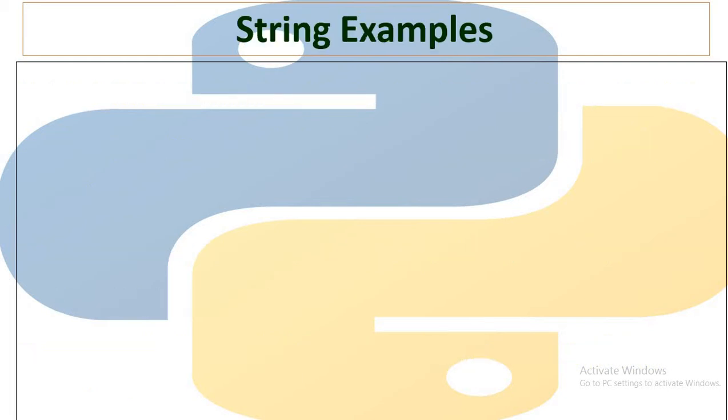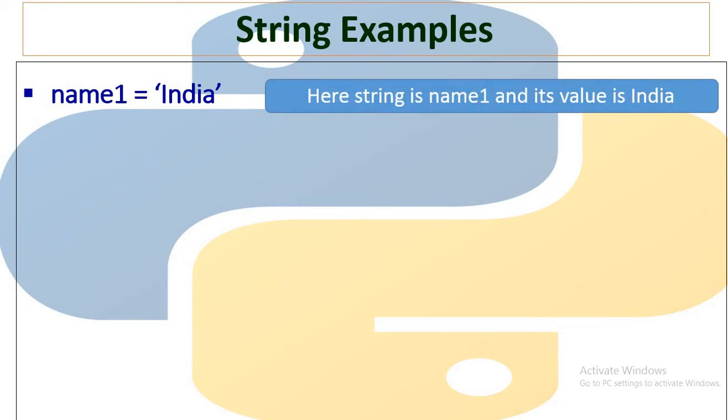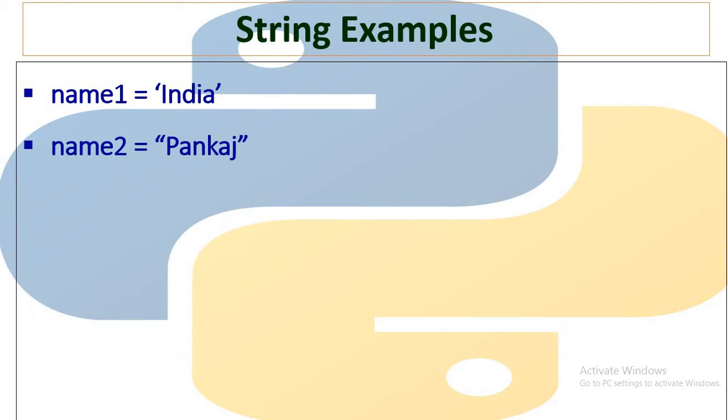Let's have some examples to see how we use strings in Python. Here I have written name1 is equal to, in single quotes, India. Here the variable is name1 and its value is India. So name1 is a string variable. Now name2 is equal to, in double quotes, Pankaj.